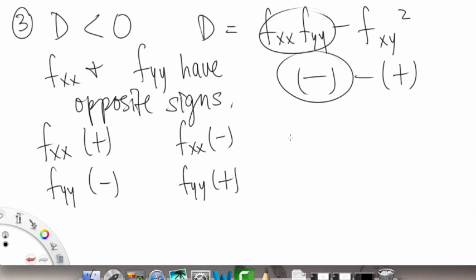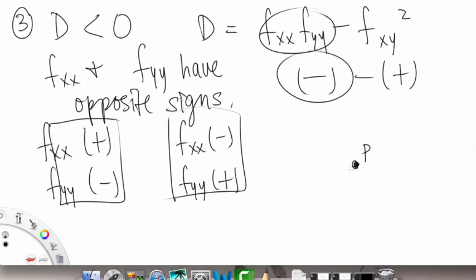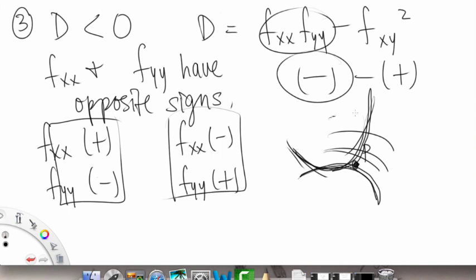Let's say this is the point we're looking at, point P. This is our first option, and this is our second option. Basically, it means that in one direction, let's say the x direction, it's concave up, and in the other direction, the y direction, it's concave down. So it looks something like that. When you draw the graph, it's a little bit tricky, but it's going to look like a saddle.